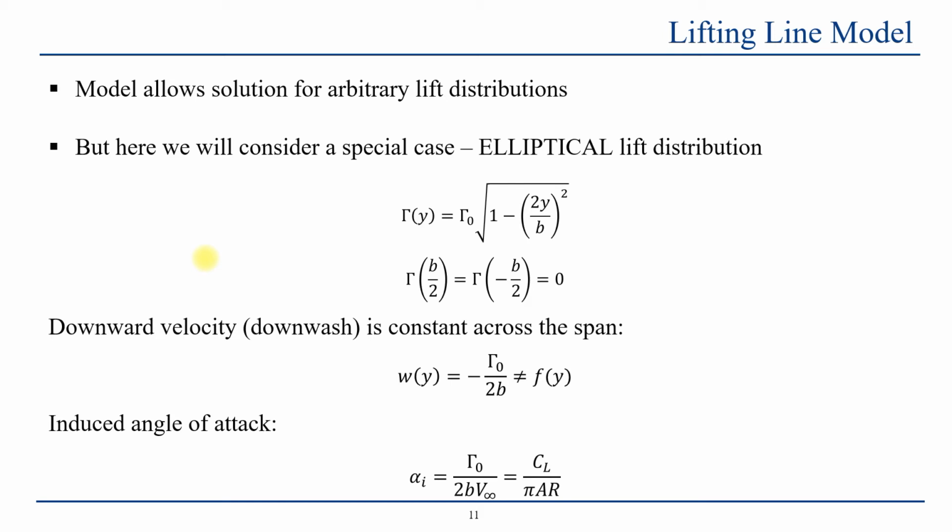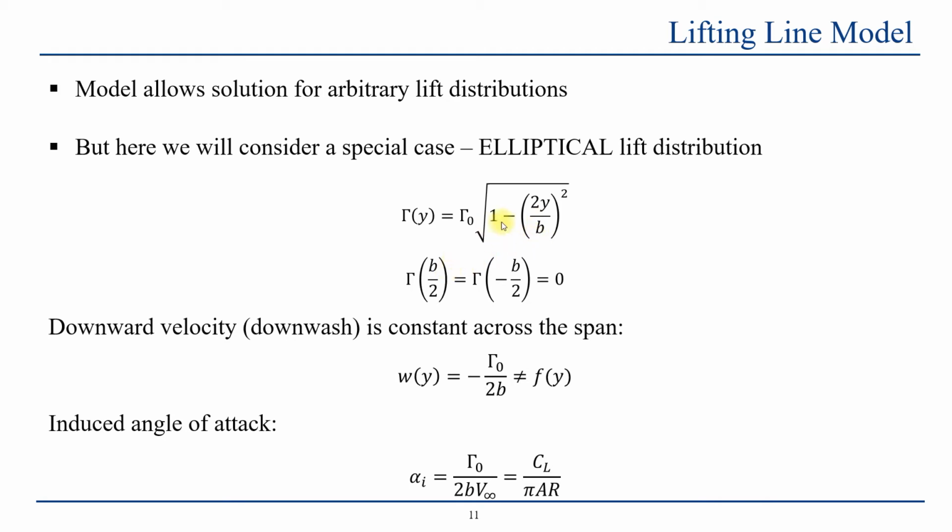So for the elliptical lift distribution, we will have that function of gamma of y equals gamma naught, the maximum value, multiplied by the square root of 1 minus (2y over b) squared. So y is the location on the span and b is the span.